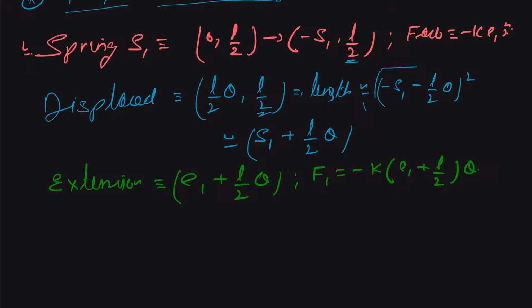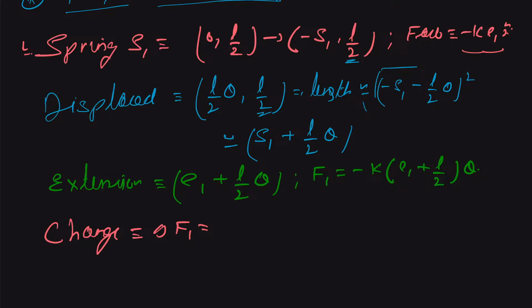Now we come to the change. Change is our delta of F1, and this minus this is going to give us minus K E1. Wait, I missed something.